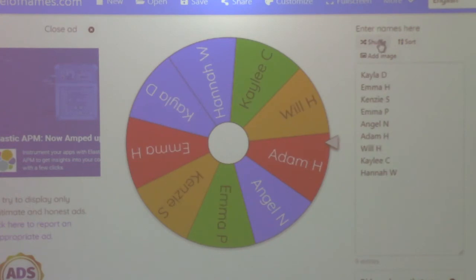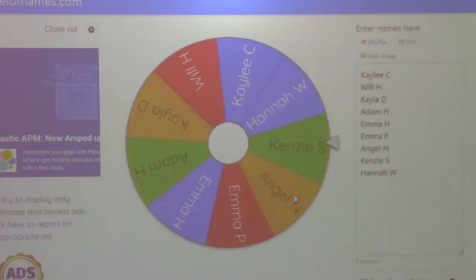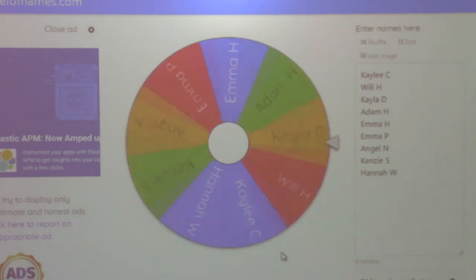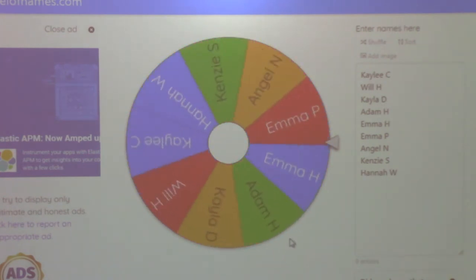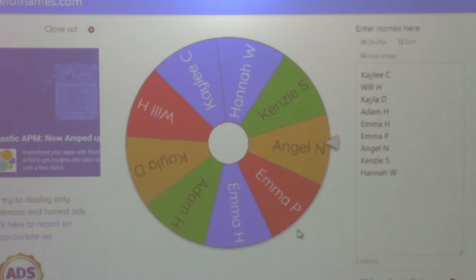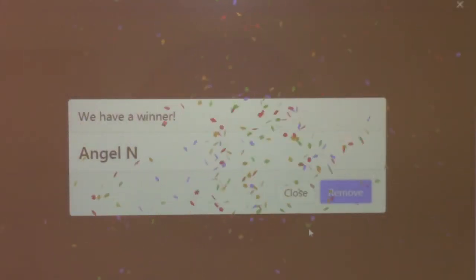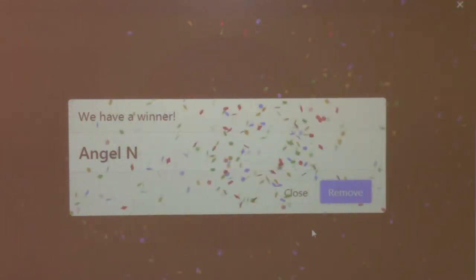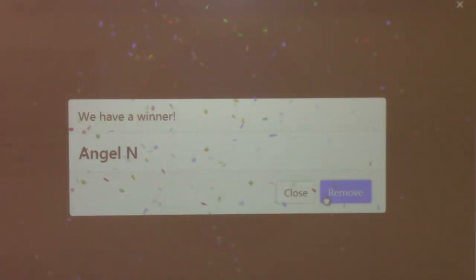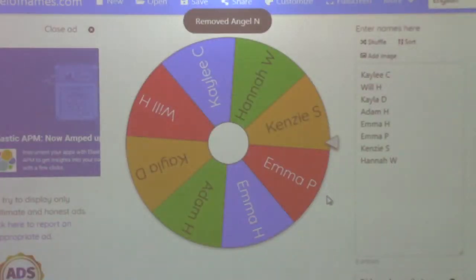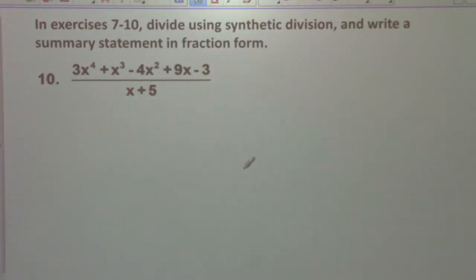Let's just shuffle a couple times here. Okay, here we go. Hey, it's closest to my neighbor's house. You want to do it? Yeah, come on, Kenzie, do it. We'll remove it, and we'll consider Kinsey removed too. We'll give a chance for our birthday girl. Yay. All right, Kinsey, what do we got?